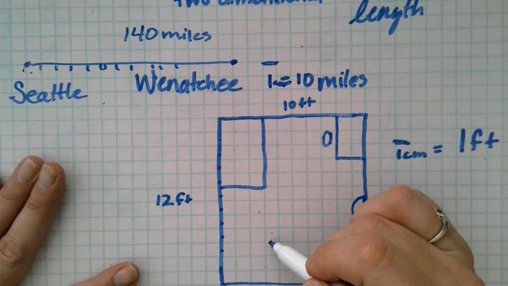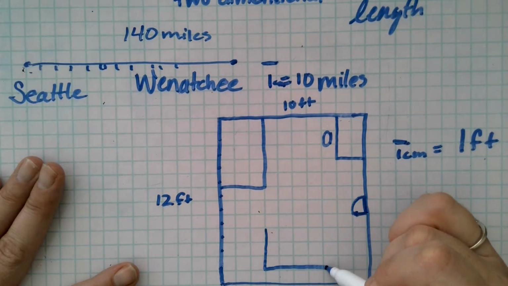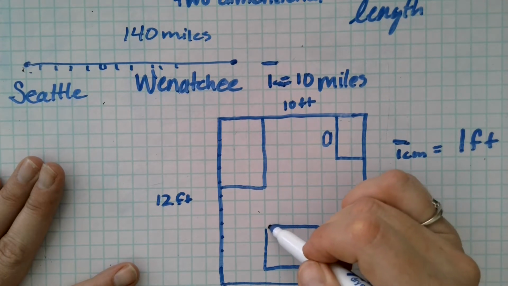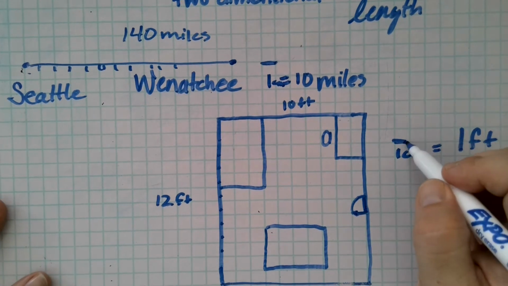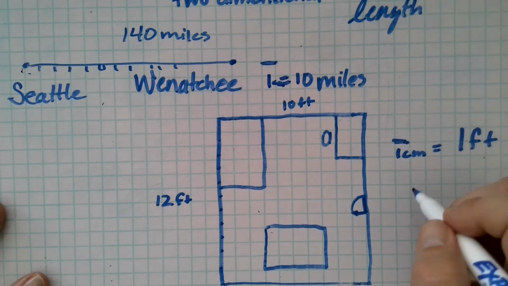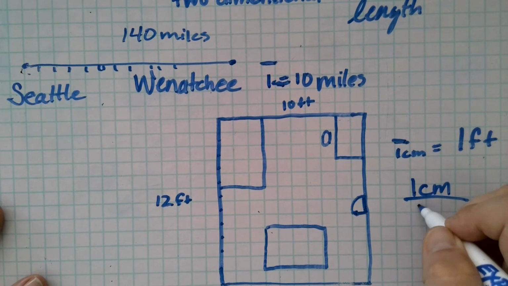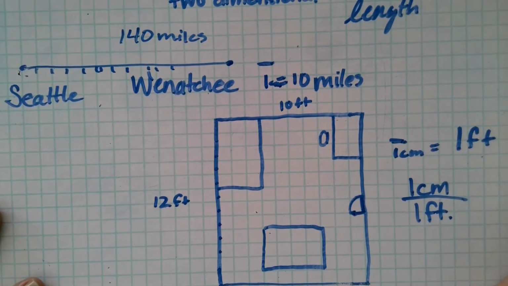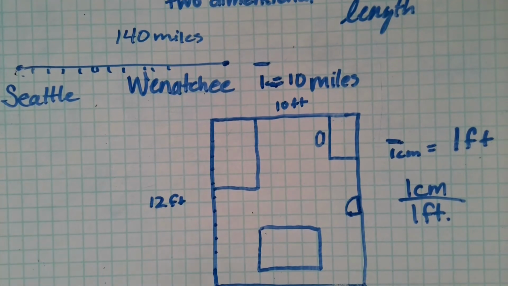Let's say, maybe you're really lucky and you have a couch in your bedroom, or just a big overstuffed chair that would fit there. And so you could draw a scale drawing of your bedroom as long as you kept your proportion the same, or your scale the same. So we could write this scale as 1 centimeter equals 1 foot. Okay, and then we would know that this is actually a scale drawing of your bedroom.